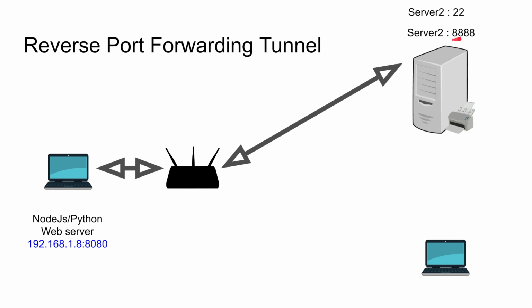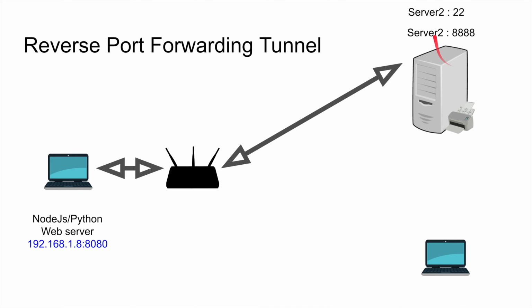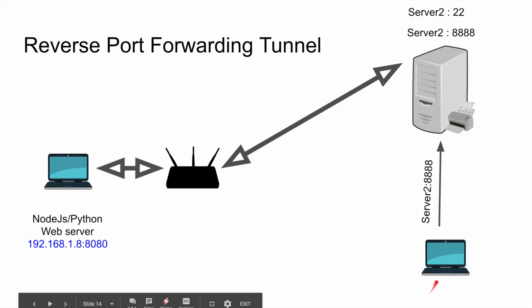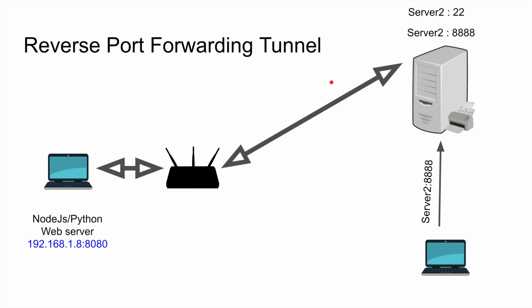You create the tunnel with that magic port number, which is linked to your IP address and 8080. Now external parties do not know you, right? They are given server 2, 8888. If someone makes a request to server 2, 8888, which is public obviously, they will be forwarded to you and you will get the request. Does it make sense, guys?